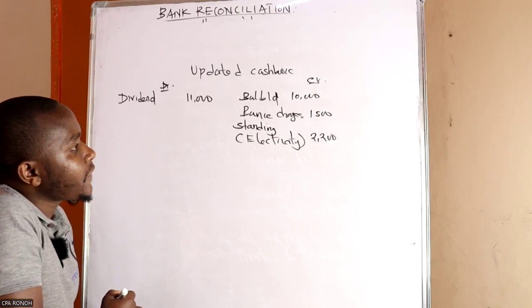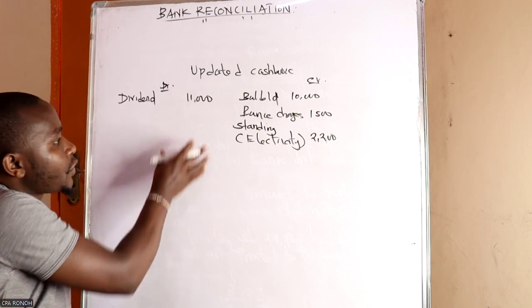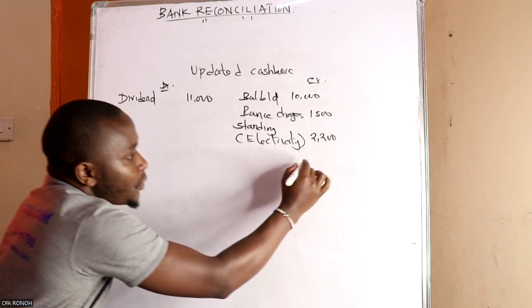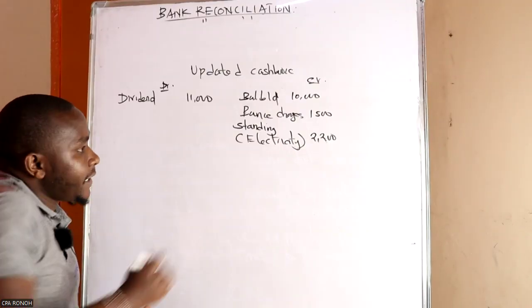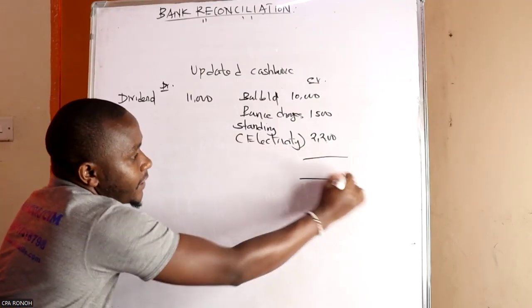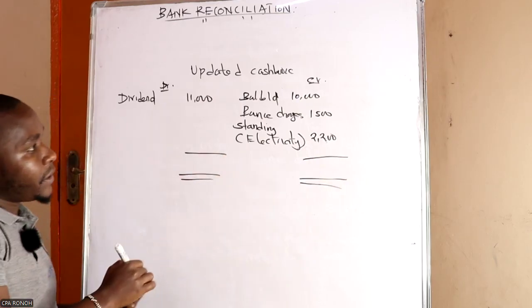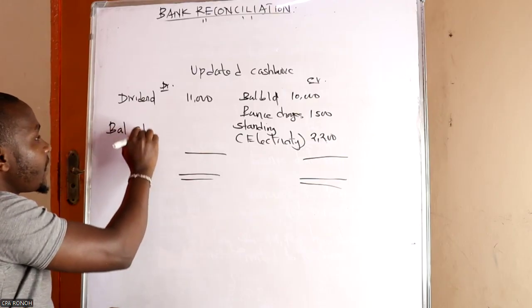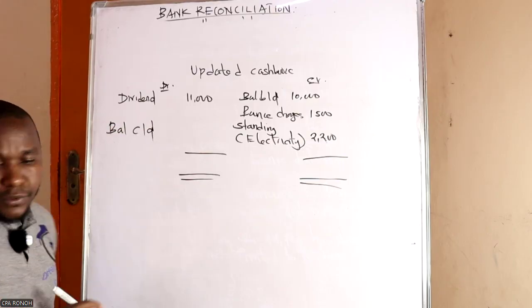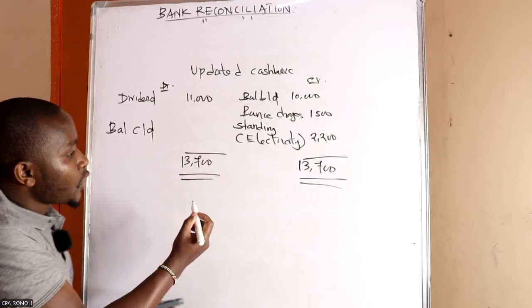So let's balance these accounts. Based on my values, the balance carried forward will be on this side. So let's do mathematics. We don't have any other adjustment. So take your calculator.